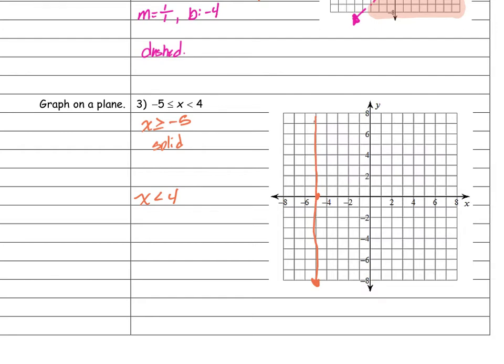Okay. So here's my straight line. And then when I'm doing more than one line, you want to be careful and not color or shade in everything all at once.